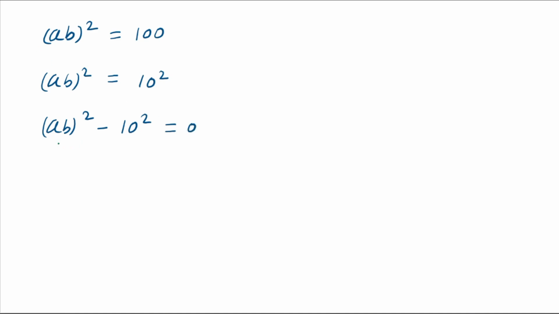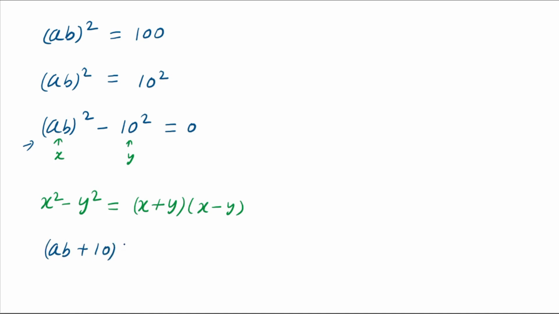Let us suppose this ab is x and this 10 is y. Then in the left hand side, x square minus y square equals x plus y times x minus y. If we apply this rule, then the left hand side is (ab plus 10) multiplied by (ab minus 10), and this equals 0.